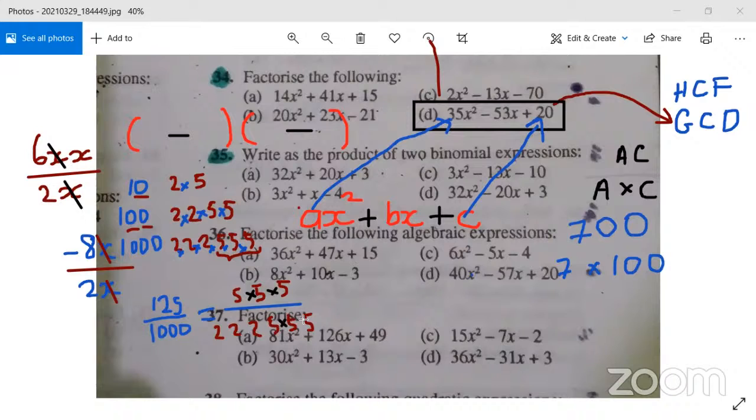So we can actually see that anything divided by itself is going to be 1, and that would result in 1 over 2 times 2 times 2.